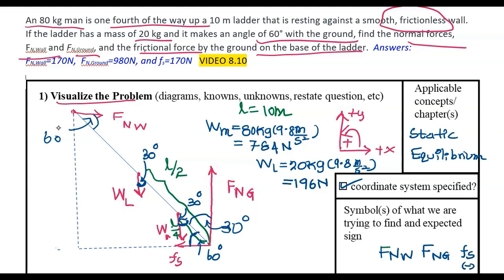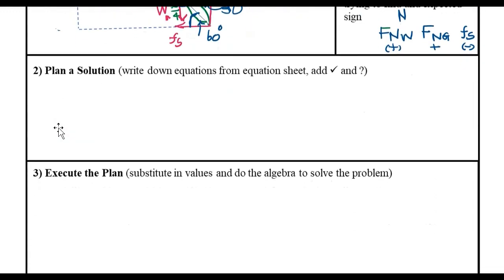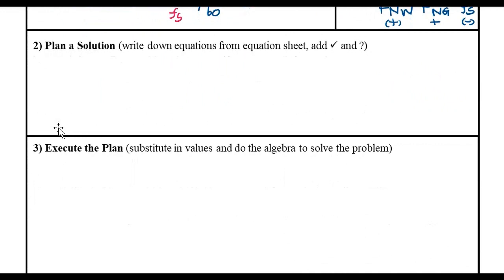The normal force from the wall is acting to the right based on our system, so it's positive. The normal force from the ground is positive, and static friction is to the left, so negative. I'm moving fast here, and the unit is actually newtons, right? All those forces are measured in newtons.